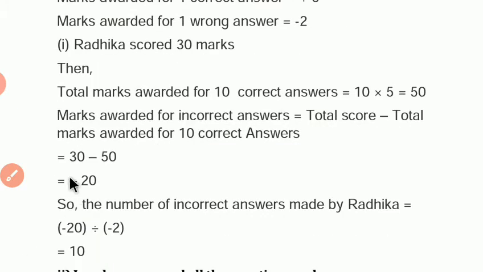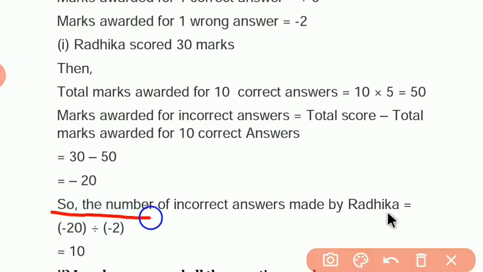So 30 minus 50, it is minus 20. It means minus 20 marks will be reduced from her total score. So the number of incorrect answers made by Radhika. Here in this question we have to find how many incorrect answers she has done. So we got that minus 20 she gets for the incorrect answers.